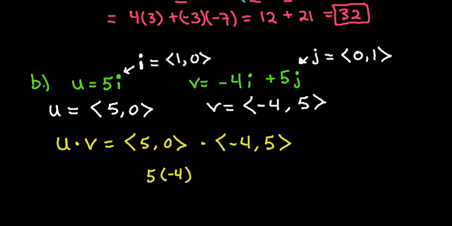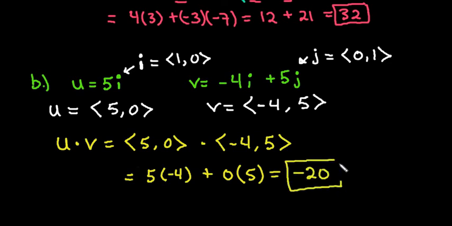So we would just have 5 times negative 4 plus 0 times 5, which ends up giving us negative 20 plus 0, which is just negative 20. So the dot product of these two vectors is negative 20.